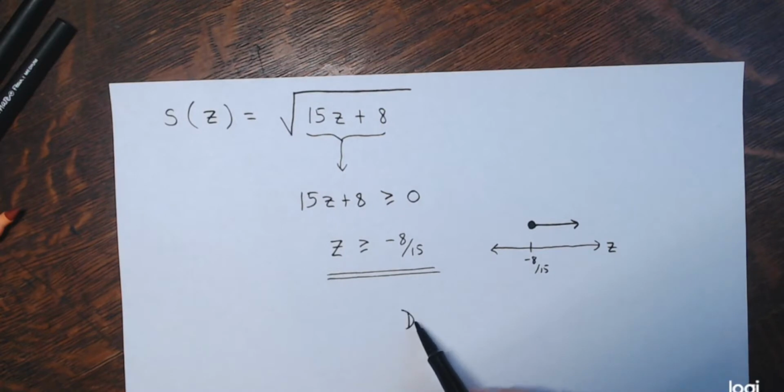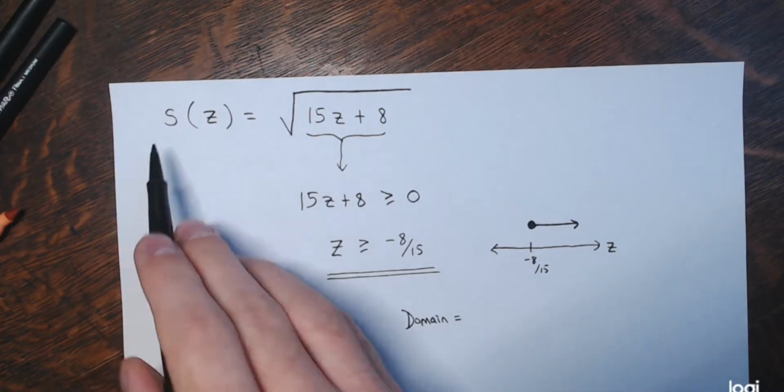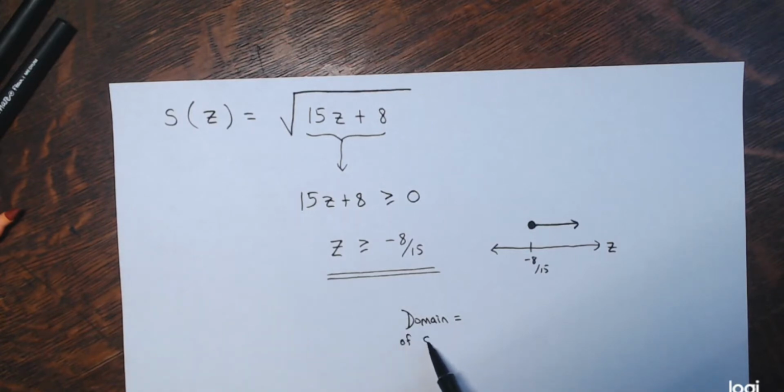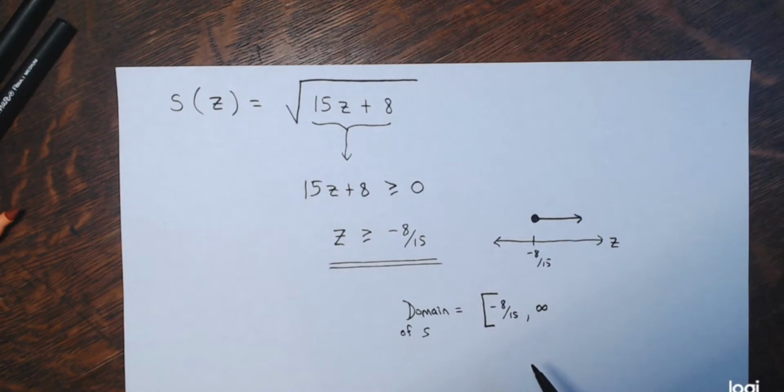Right, and then if I want to put this in interval notation, the domain of this function called s is the numbers from negative 8/15 and up, negative 8/15 to infinity. Bracket on the negative 8/15, that is a number I can plug in for z, and that's fine. And always parentheses on the infinities, so there we go.